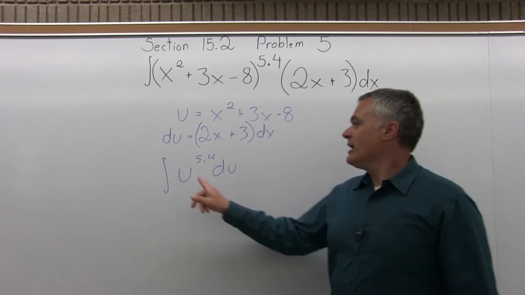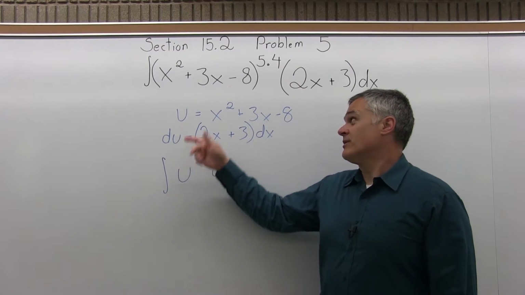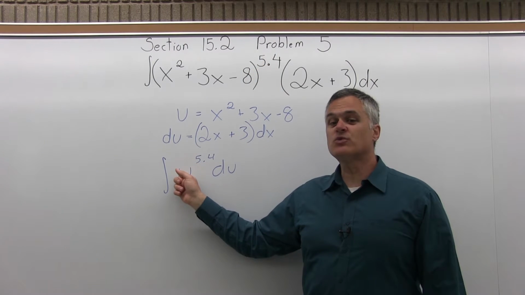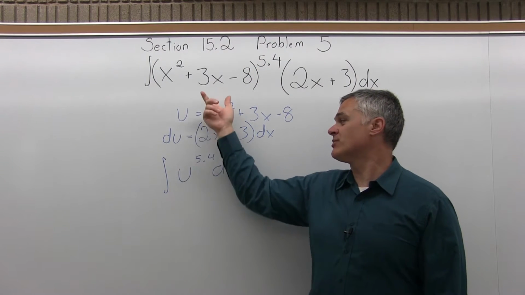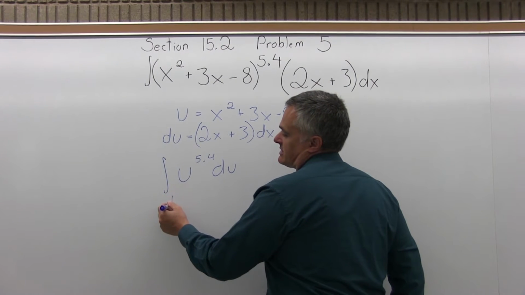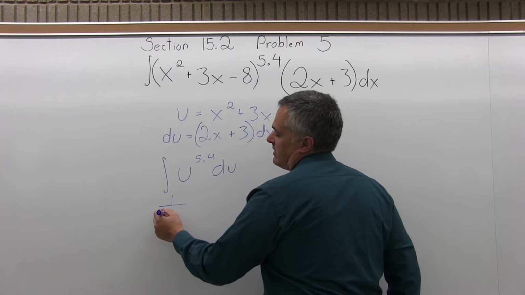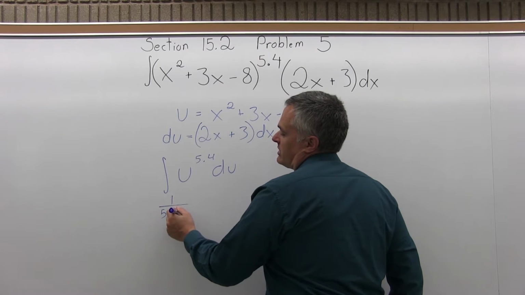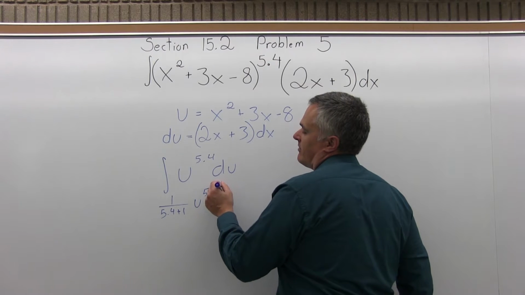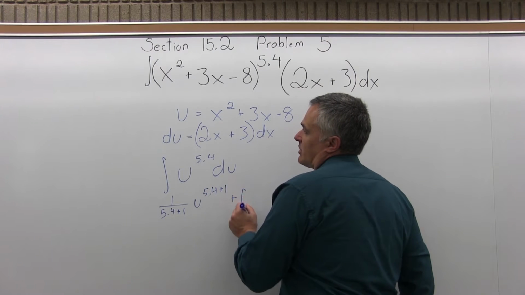So why is this better, just u to the 5.4 as opposed to the parentheses to the 5.4? When it's just one variable like this and not in parentheses, the integral is easy. It's going to be 1 over 5.4 plus 1 u to the 5.4 plus 1 plus some constant.